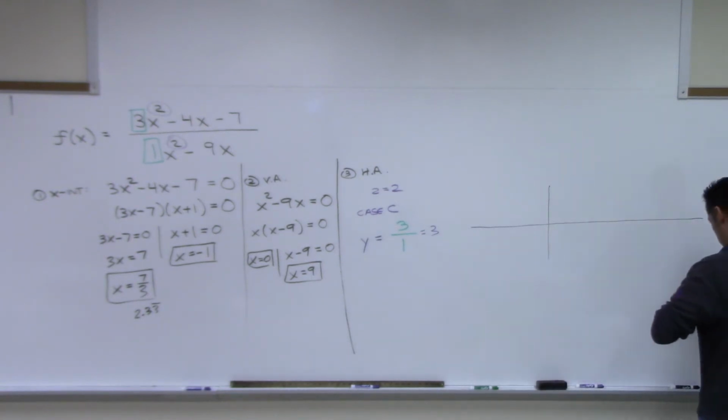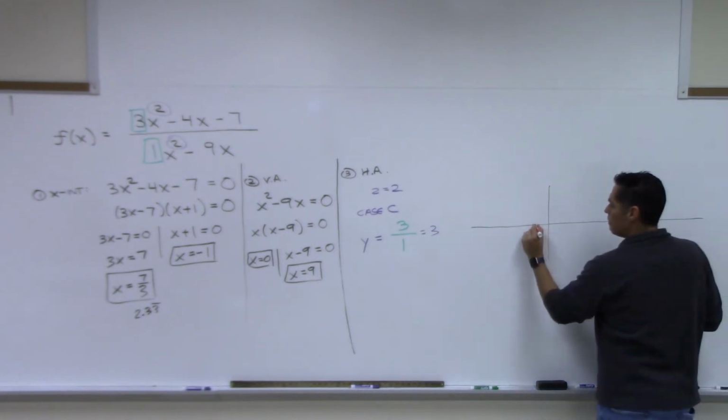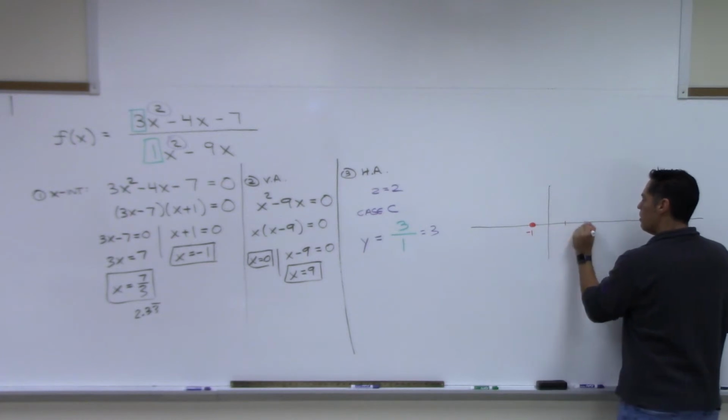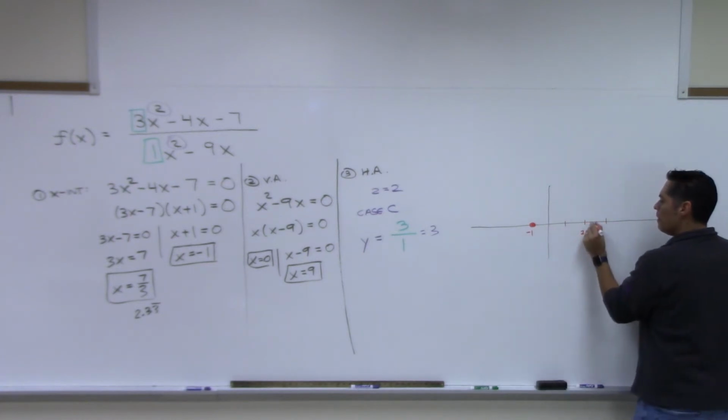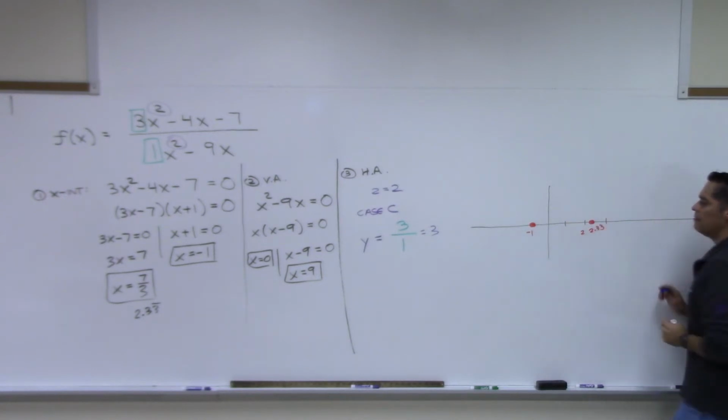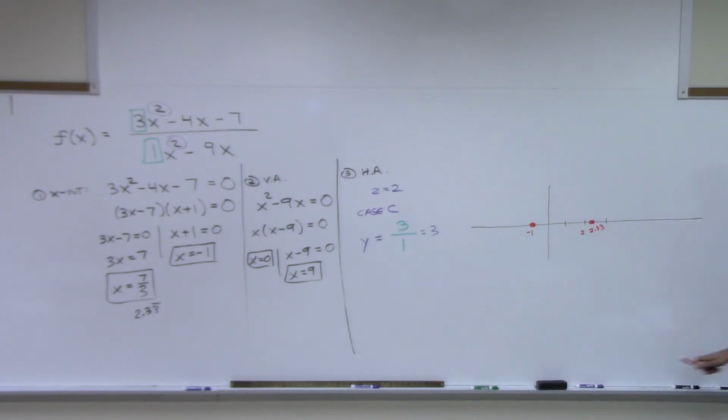Okay, so -1. There's an x-intercept. 1, 2, here's 3. So right around here, 2.33, I have an x-intercept. Okay, verticals.